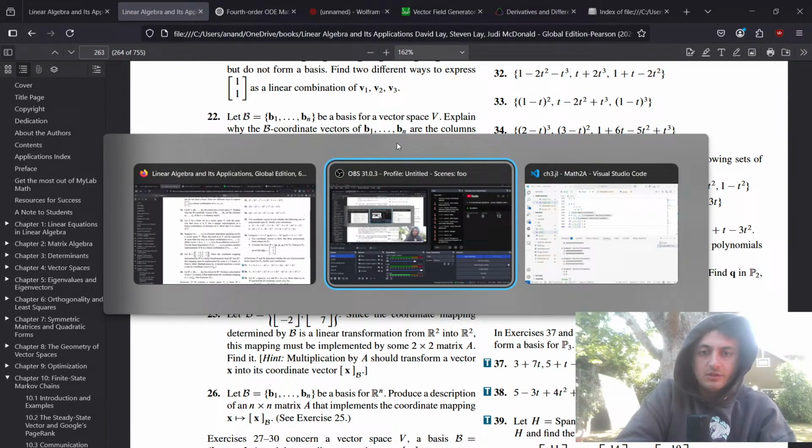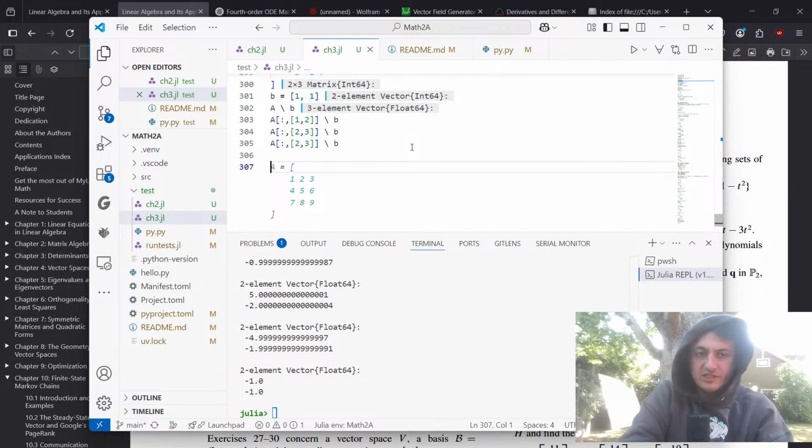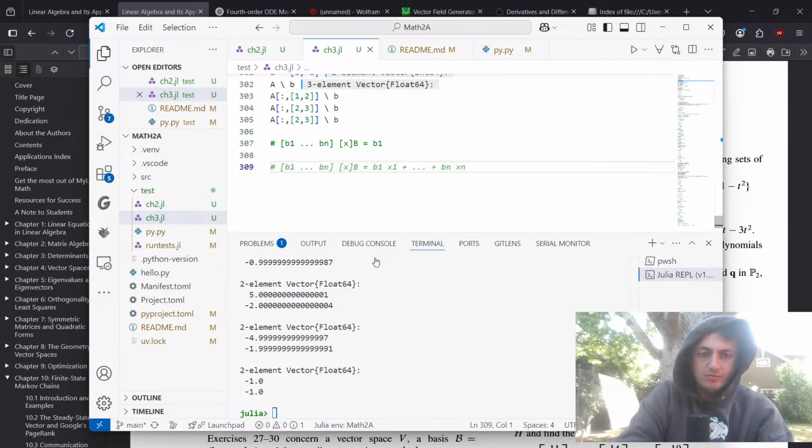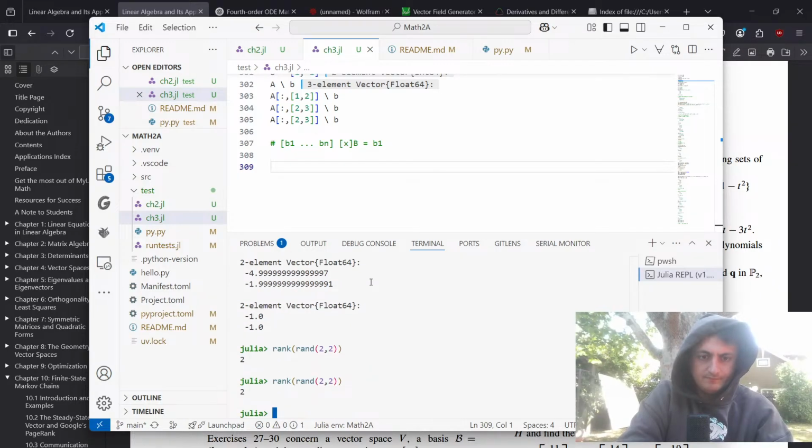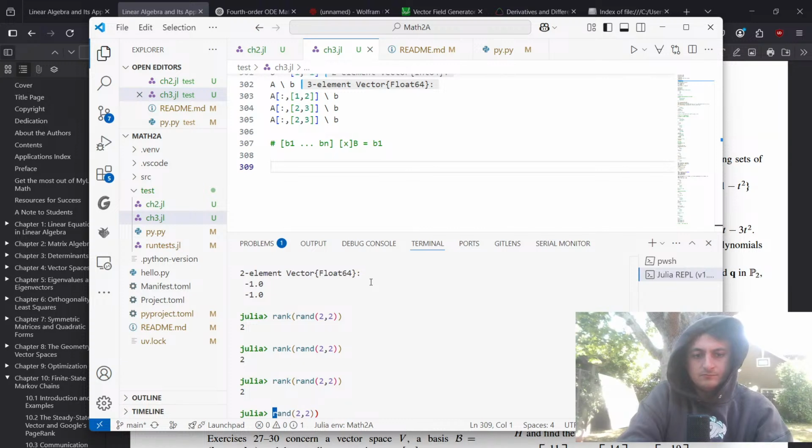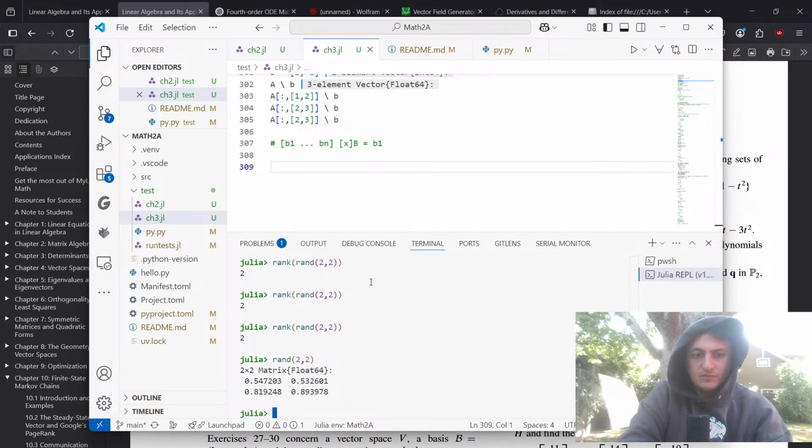Okay, so we're gonna have... So imagine that we have like b1 dot dot dot bn, times xb is equal to b1. Okay, so this is going to form a basis.